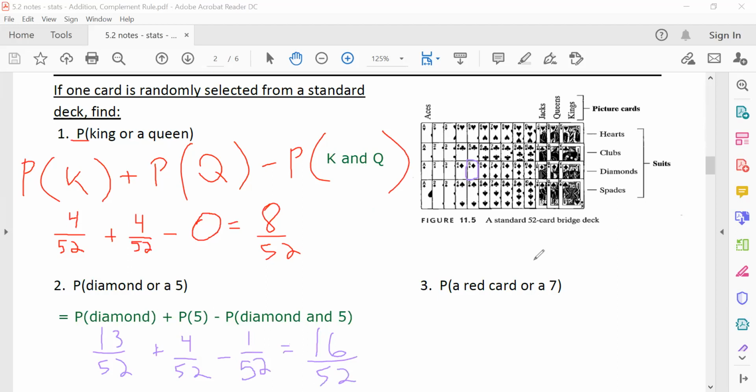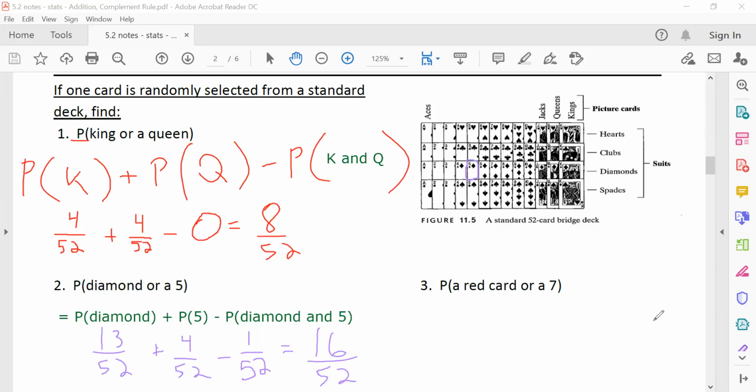Finally, the probability of getting a red card or a 7, that's the probability of getting a red card plus the probability of getting a 7 minus the probability of getting both a red card and a 7. So that's going to end up being the probability of a red card. There's actually 26 red cards in the deck if you count diamonds and hearts together. So that's 26 over 52 plus 4 over 52 minus there's actually 2 red 7s in the deck.